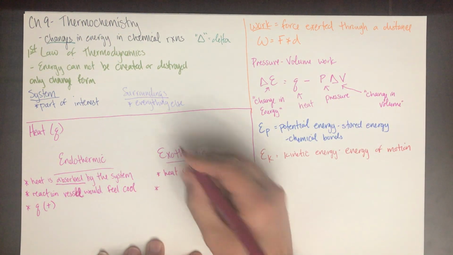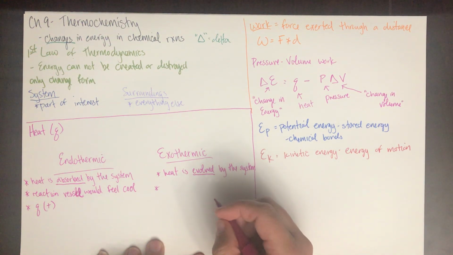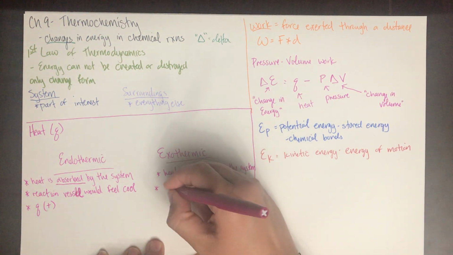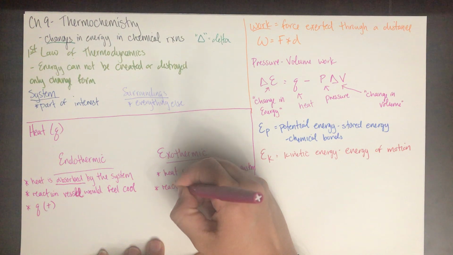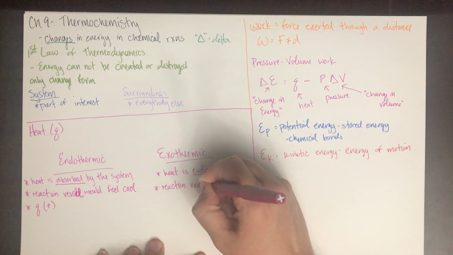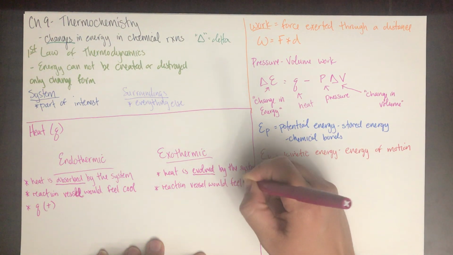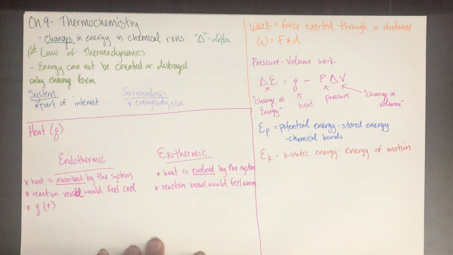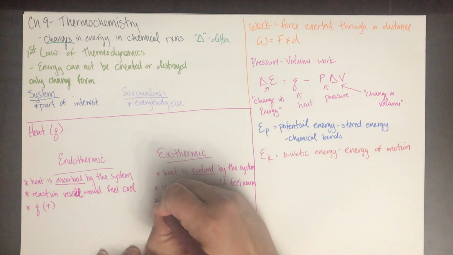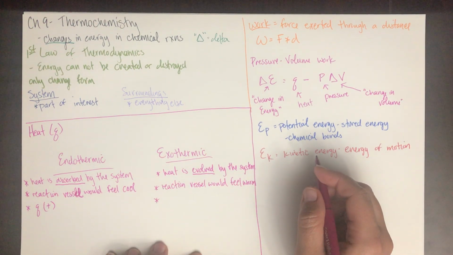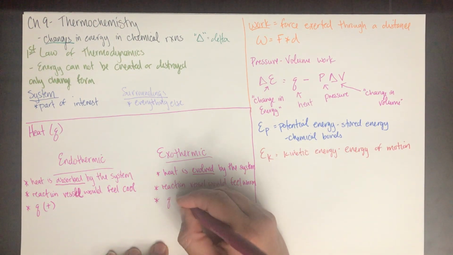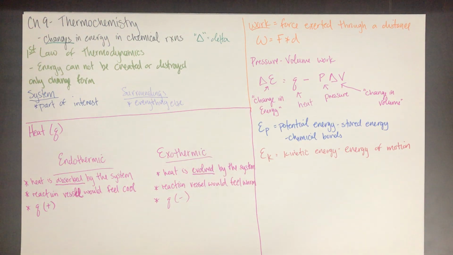So in an example of an exothermic reaction, the reaction vessel would feel warm. Also, in exothermic reactions, Q would be a negative number.